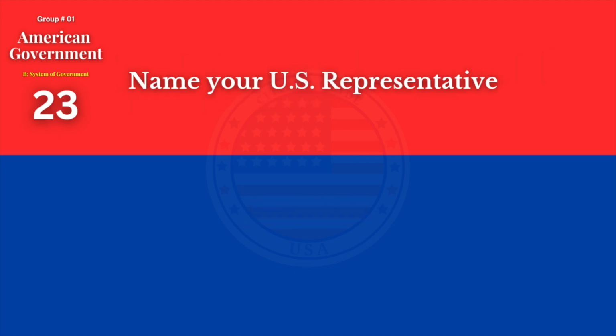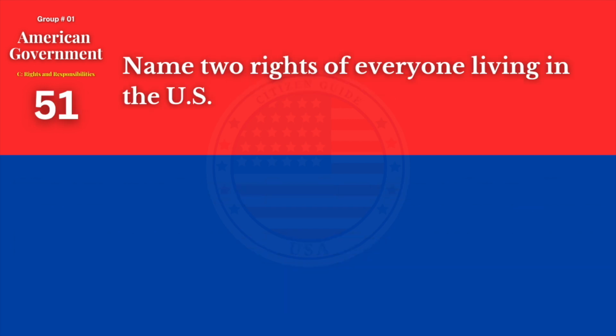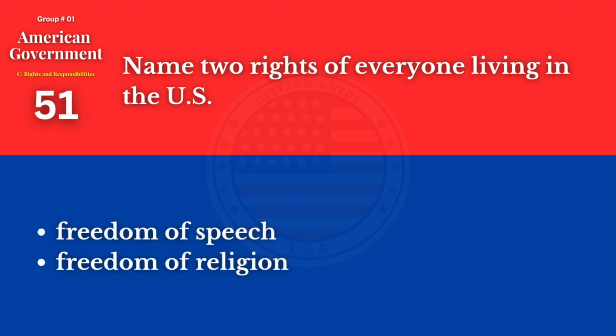Name your U.S. representative. The answer will vary based on where the applicant lives. Note, District of Columbia residents and those living in U.S. territories should answer that D.C., or the territory where they live, has no House representatives. Name 2 rights of everyone living in the U.S. Freedom of speech, freedom of religion.